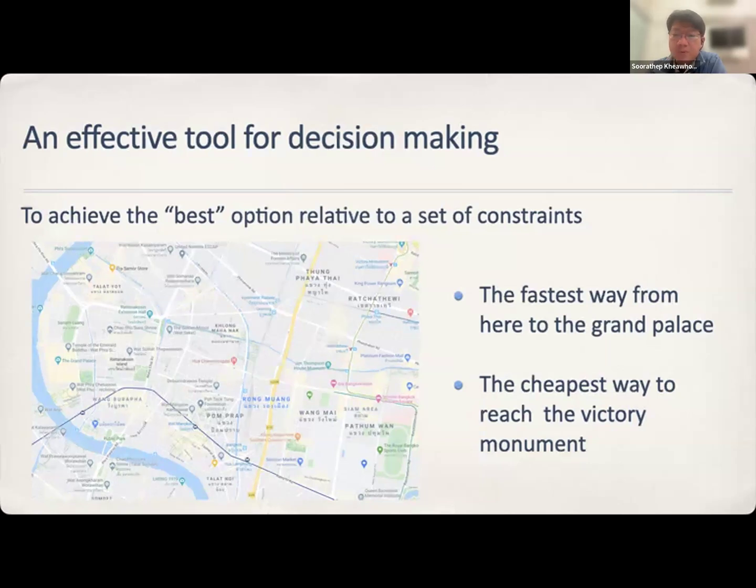For example, if you need the cheapest way, of course you have a limited budget for transportation, then these things can be your constraint. Or the number of interchanges, how many times you have to change the mode of transportation, something like that.